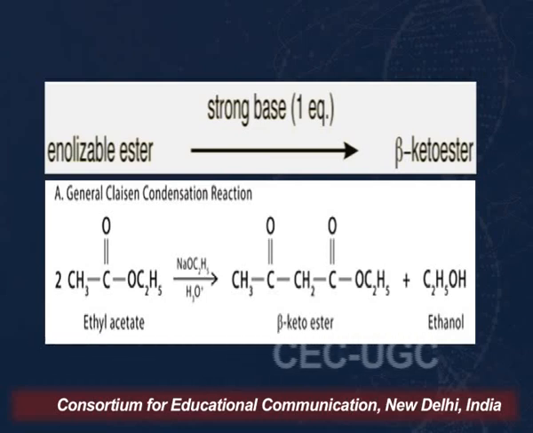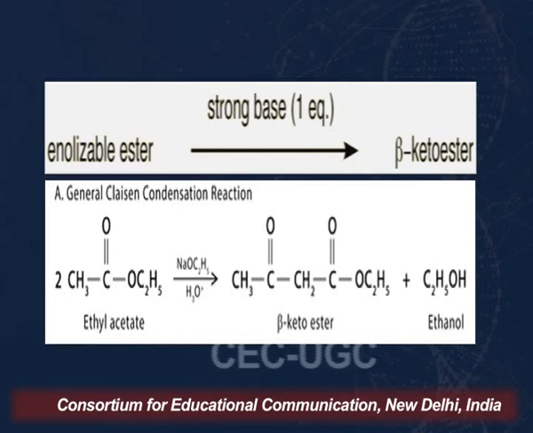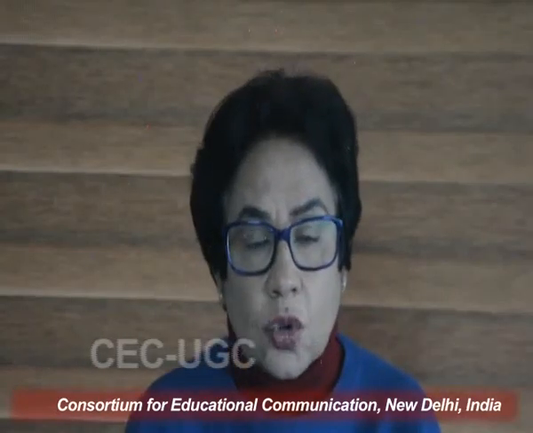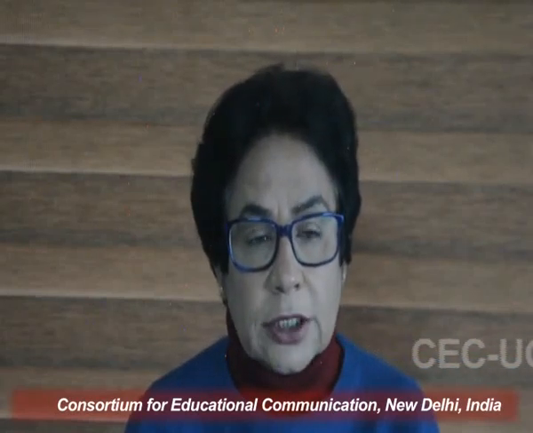Now these two ester molecules can be the same, as we can see in the case of the general Claisen condensation reaction, which is ethyl acetate. When we look into ethyl acetate, we find that the CH3 group, which is next to the functional group, has the alpha carbon, and the hydrogens attached to this alpha carbon are alpha hydrogens.